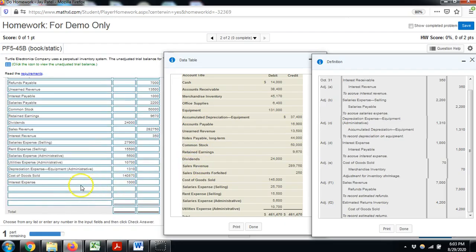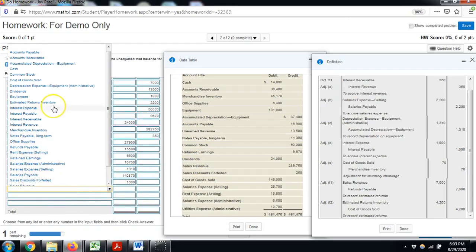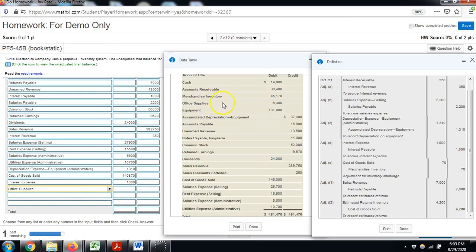Okay, so I think I'm missing some accounts. So for one, I don't know if this is going to ding me for getting this out of order, but we need office supplies, which I missed, 6,400. And then I missed this sales discount forfeited, 250. And I think that's it. So I think that adds up to, oh, and one more.